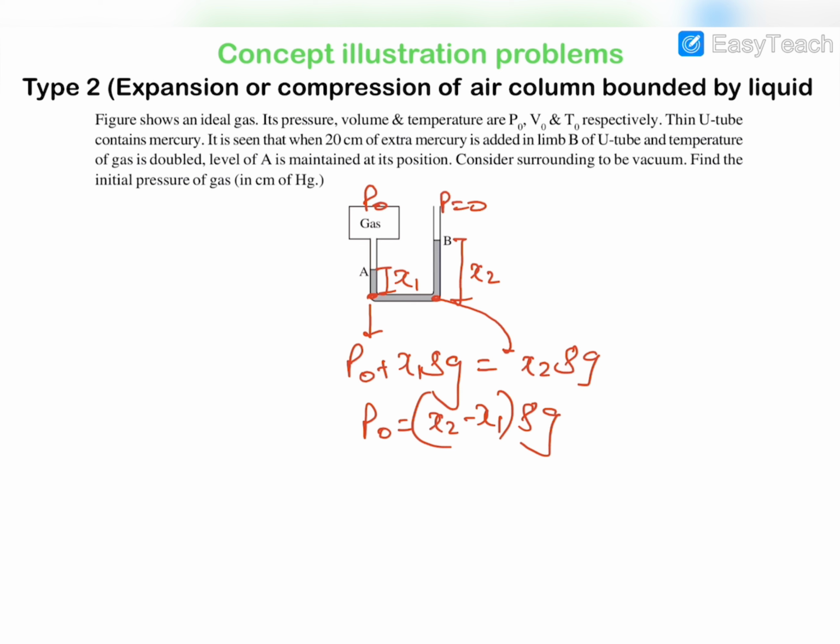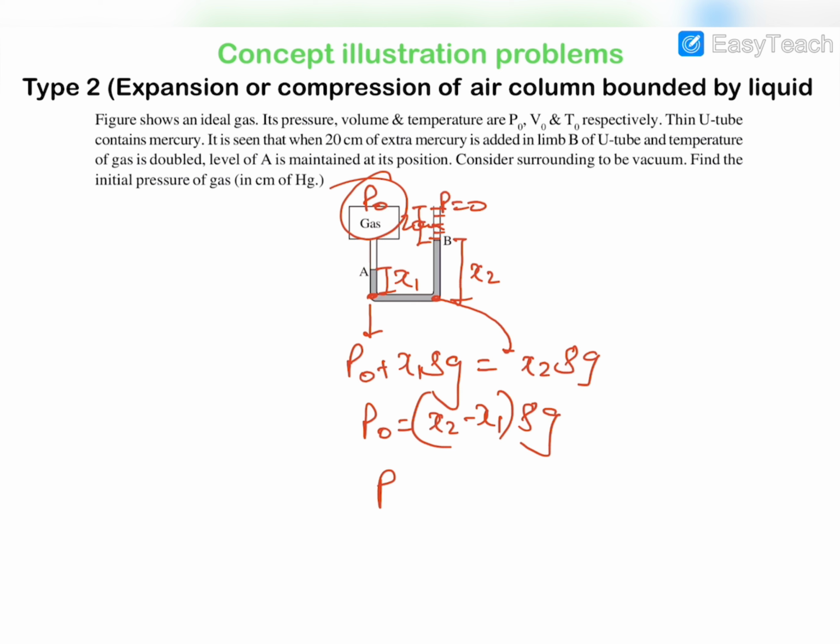And finally, when we have poured an extra amount of mercury on this side, that is 20 centimeter, then obviously the pressure of gas will change to keep the volume fixed.